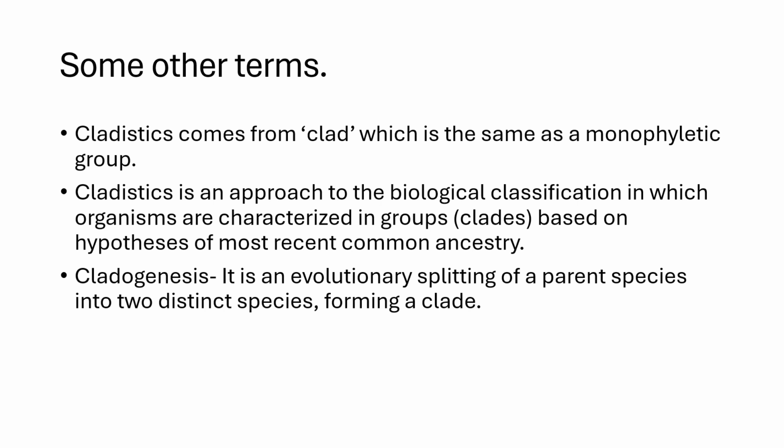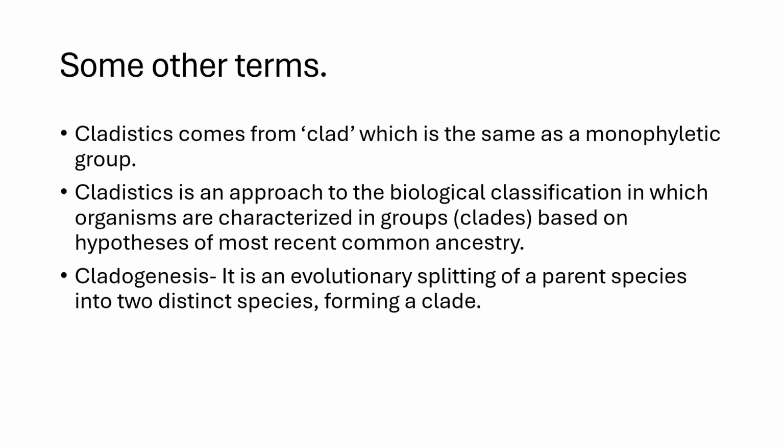So the last few terms that also pop up when we talk about phylogenetics and cladistics. The study of cladistics comes from the word clade, which is the same, and you know that the clade is a monophyletic group that we just talked about. Cladistics is an approach to biological classification in which organisms are categorized in groups based on hypotheses of most recent common ancestry.